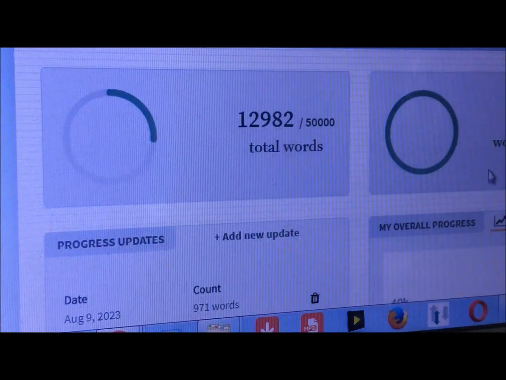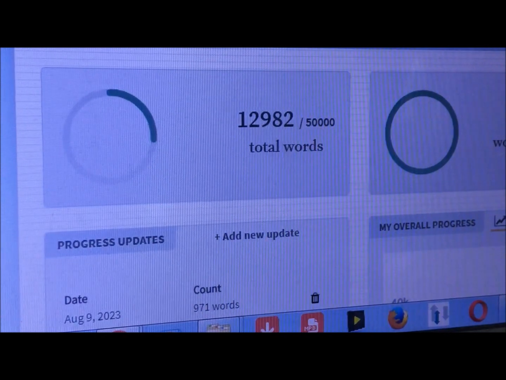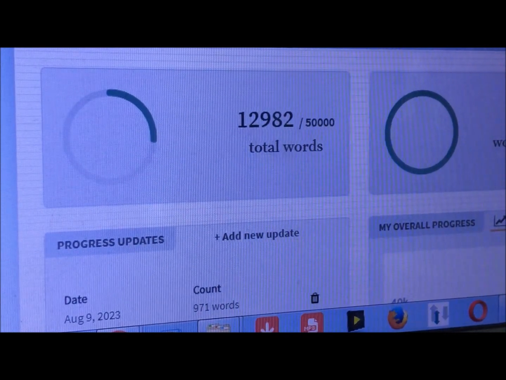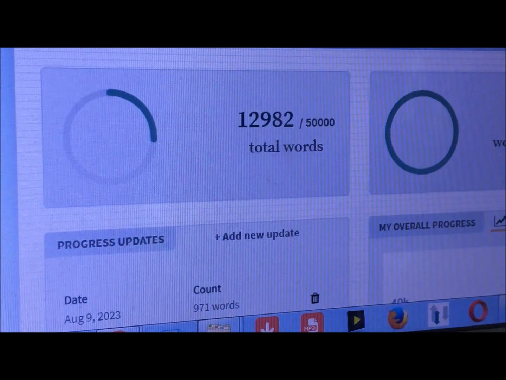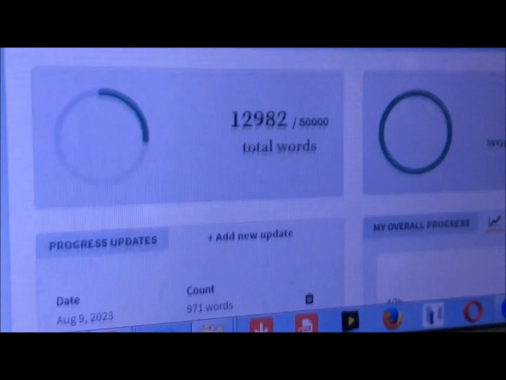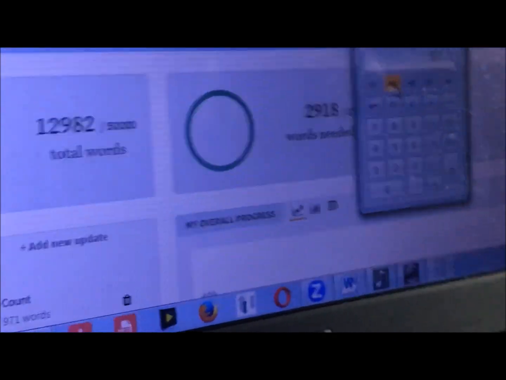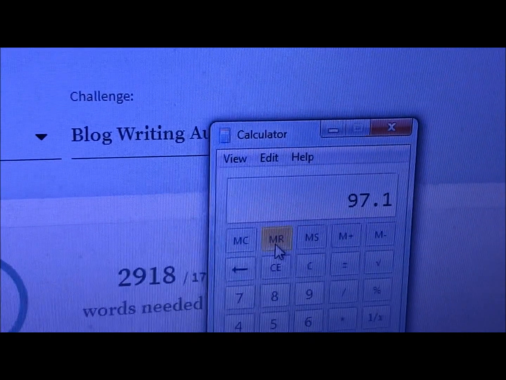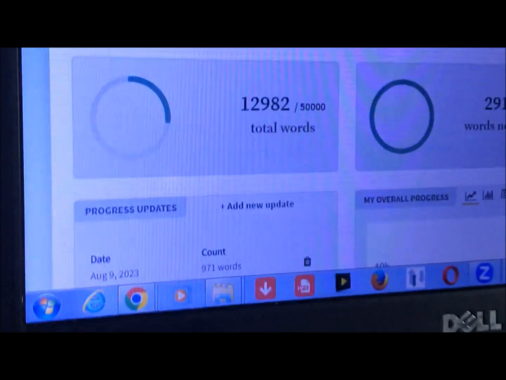It takes me to 2,918 words for the day, but more importantly, 971 words in 10 minutes comes out at a typing speed of, I don't know if you can see it there, of 97 words per minute.